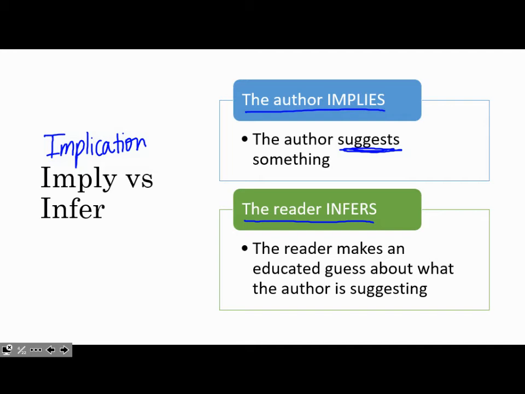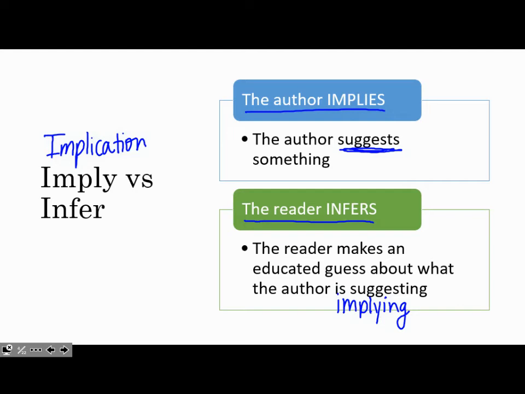The reader, on the other hand, infers. They are making an educated guess about what the author is suggesting. Another way to read this sentence is to say that it is an educated guess based off of what the author is implying. So we can use that vocabulary word instead of suggesting.